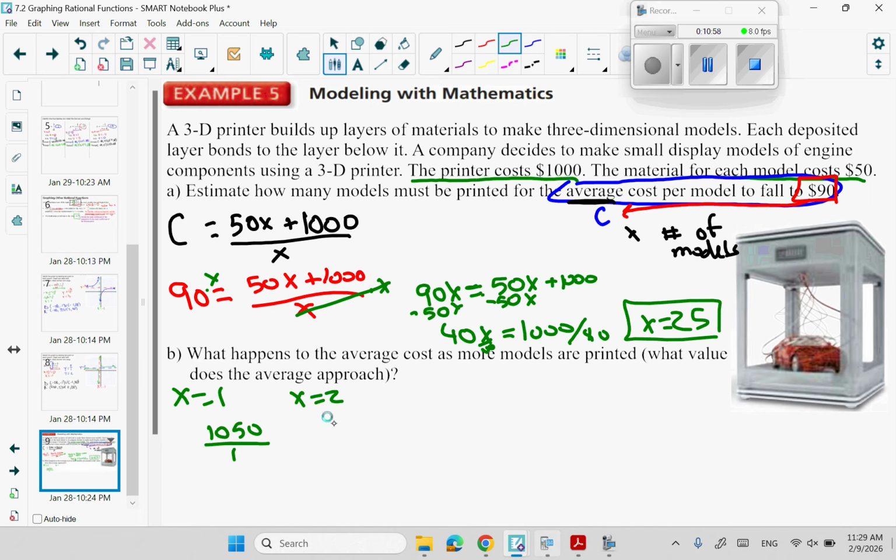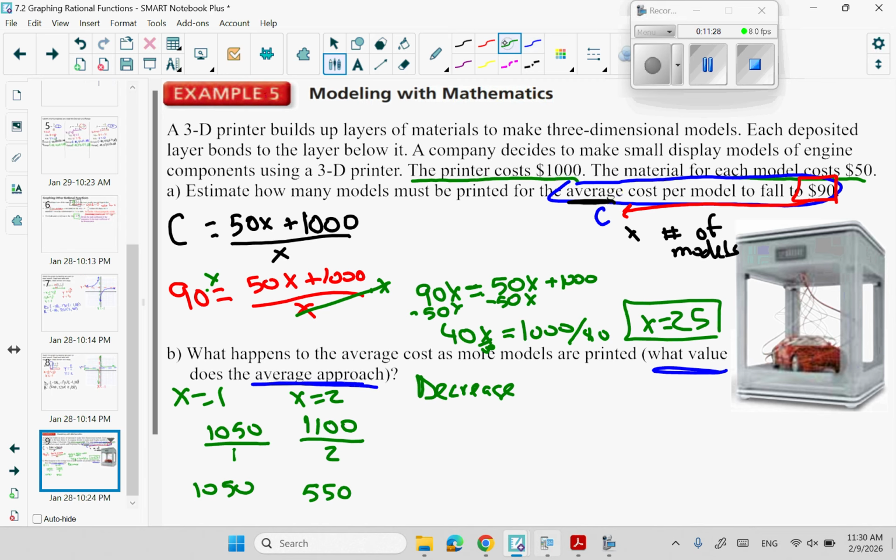Well, if x was 2, 50 times 2 is 100, plus 1,000, I'd spend 1,100 divided by 2. My average cost would be 550. So I can already see that as I make more models, the price per model is going to decrease. Now, interestingly enough, it will settle at a specific value. It's not going to decrease forever down to negative values.